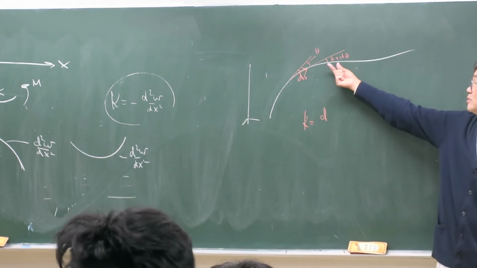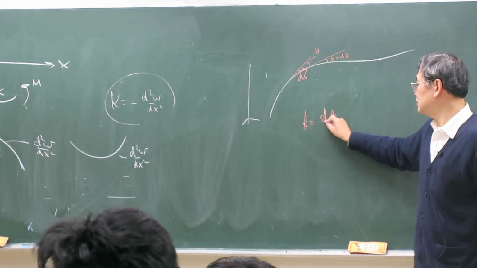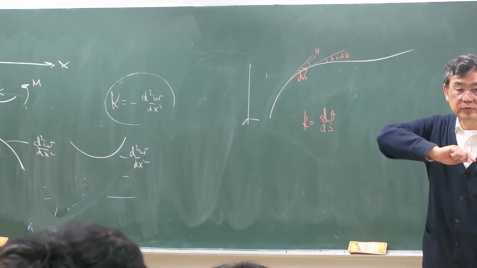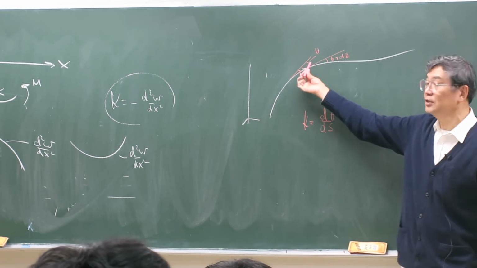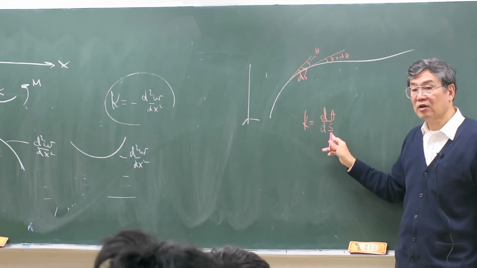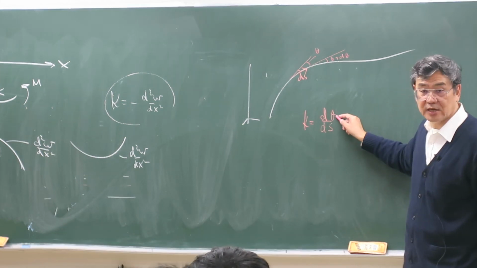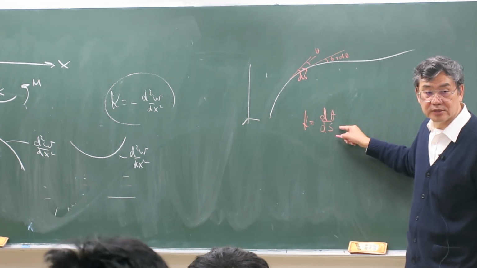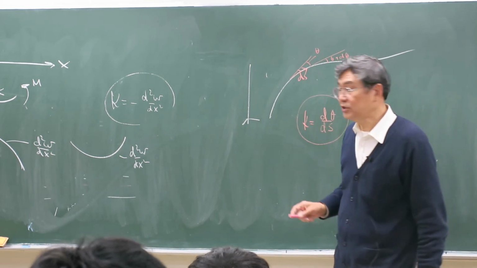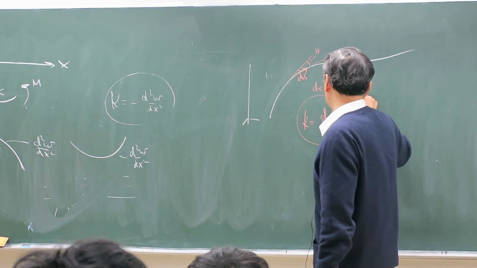So this d theta is negative, right? Reduced. But anyway, the theta change per unit arc length. If you go along the curve, the angle change of the tangent of the curve is called the curvature. This is the fundamental definition of curvature: the theta change per unit s.